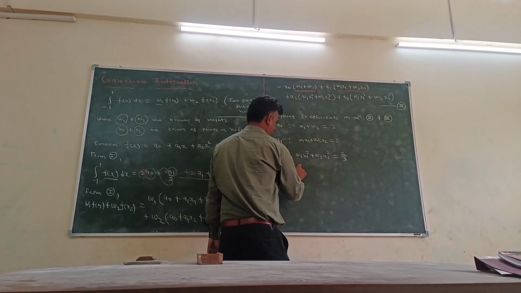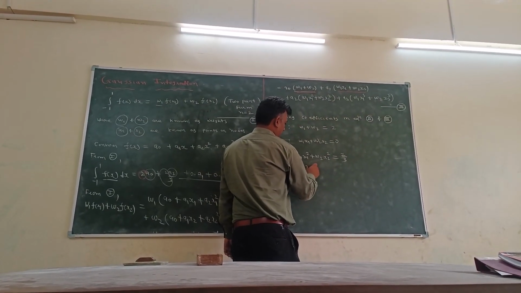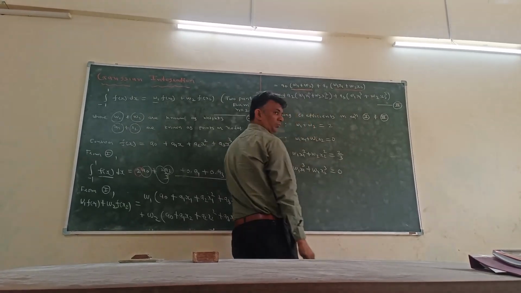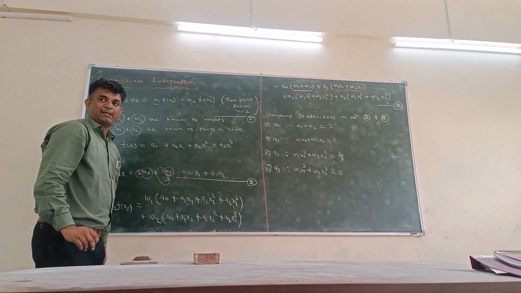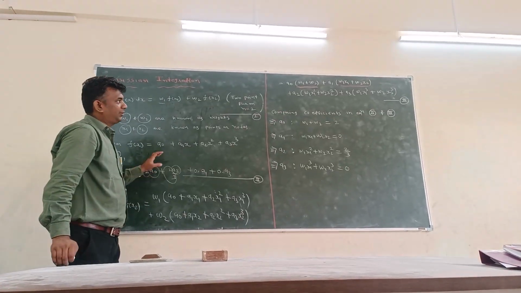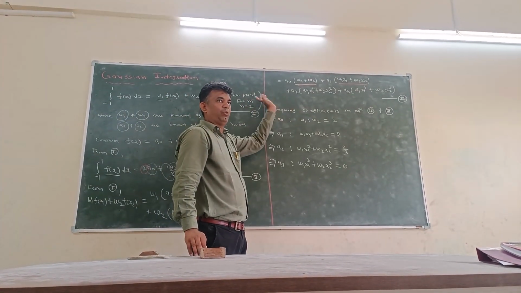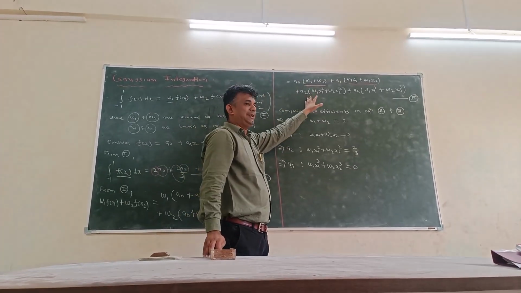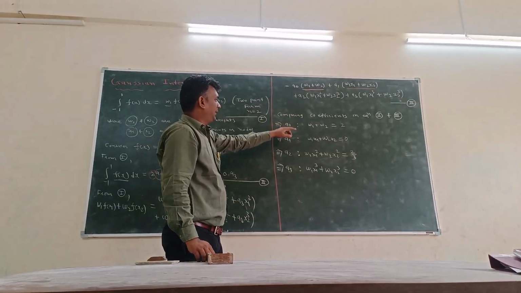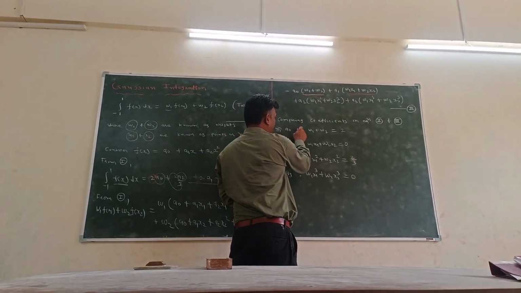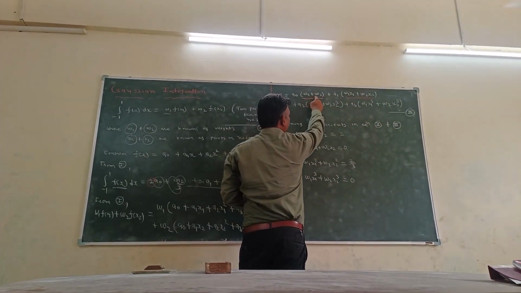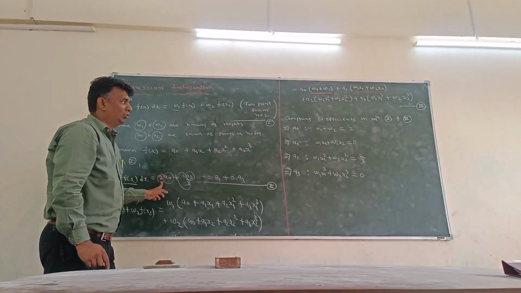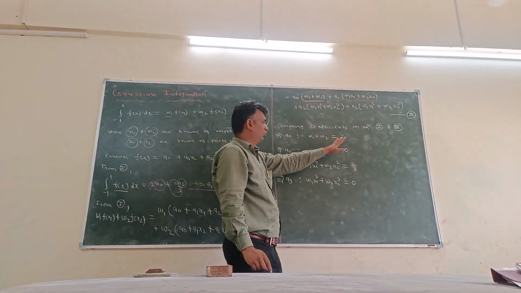What about a3? 0. So look at here, once again I repeat that comparing equations 2 and 3, both are equal, so we can compare their coefficients. First we compare the coefficient of a0. That is W1 plus W2 in equation number 3, and here it is 2. So W1 plus W2 is equal to 2.